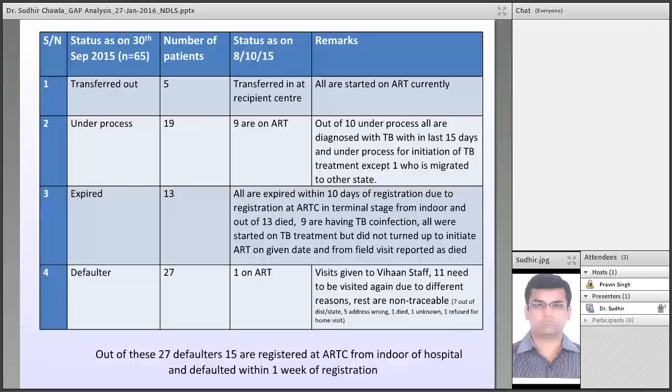They were all started on TB treatment, but they were in indoor and were diagnosed as HIV and TB from the indoor services, and were referred to the ART center for registration. They were registered at the ART center and started on TB treatment, but were discharged from the indoor services, and the patient did not visit the ART center. The patient's relative came with the case file and got the patient registered at the ART center, and at the time of discharge, the patient did not turn back at the ART center.